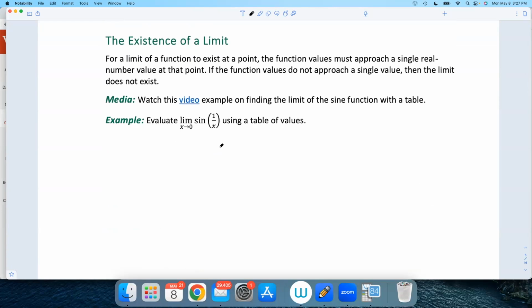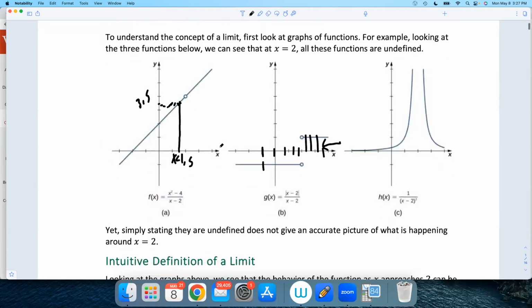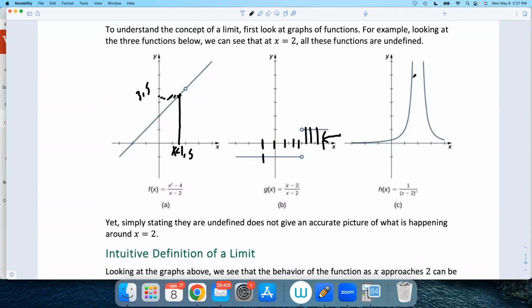Not all limits exist. If we go back to these very first examples at the top, this limit doesn't exist. The function is not approaching a number. Now we'll talk about these in a minute, infinite limits. But a limit is a number. Infinity is not a number.